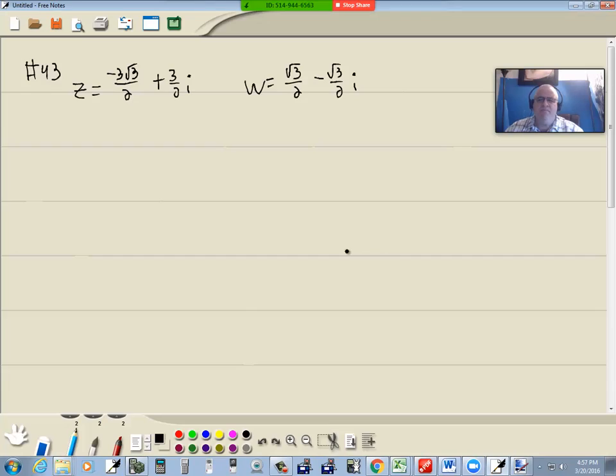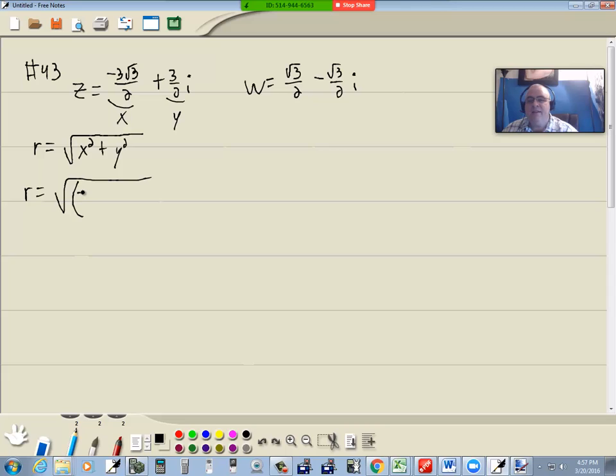Okay, well first, we have to put these into polar form. So they're in rectangular right now. So this one will be X, and this one will be Y. R is going to equal the square root. R squared is equal to X squared plus Y squared. I'm just skipping a step ahead. R is equal to square root of X squared plus Y squared.